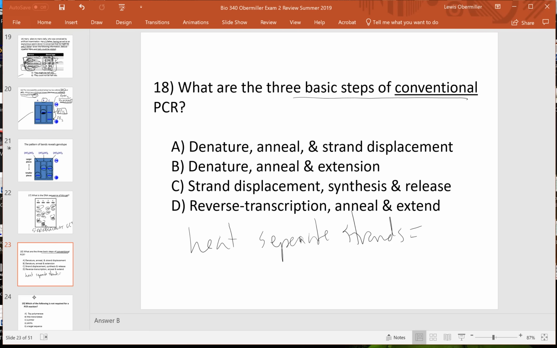And so that's called denature. And then we cool to bind the primers, and that's called annealing.